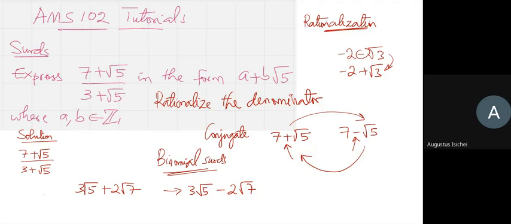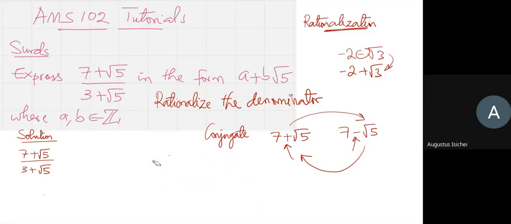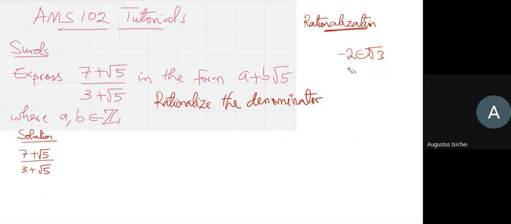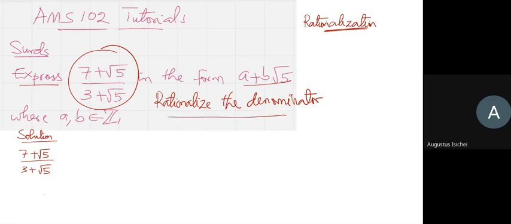Now, when we talk about rationalize, you will need the conjugate to rationalize any fractional binomial term. Like I said, the question that says express this rational surd in the form of this can also be asked by saying rationalize the denominator of the given binomial fraction.